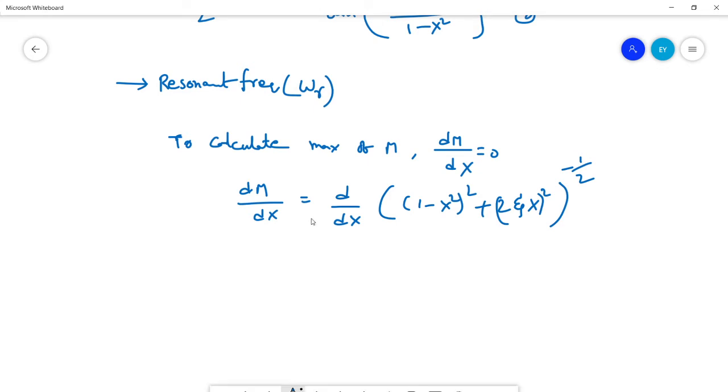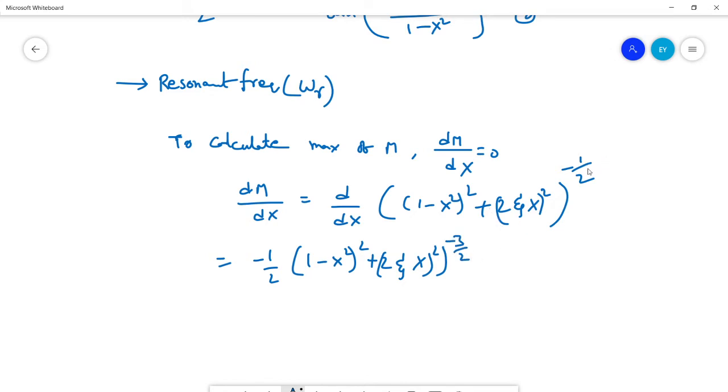So the derivative d by dx of this is equal to, this you can take as whole x power something, this term will come, friend, so minus 1 by 2, and the leftover term is (1 minus x square) whole square plus (2 zeta x) whole square, and internal terms we have to write, whole power minus 3 by 2.